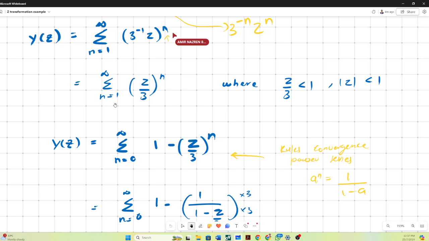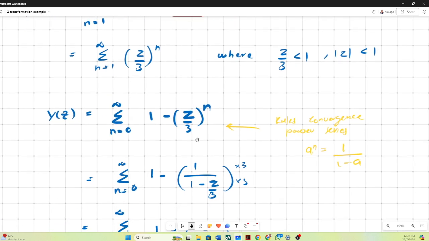So we can assume that the term at n equal to 0 is 1. Then we can start our limit from n equal to 0 until infinity. So it becomes 1 minus (z divided by 3) to the power of n. Right. Okay.